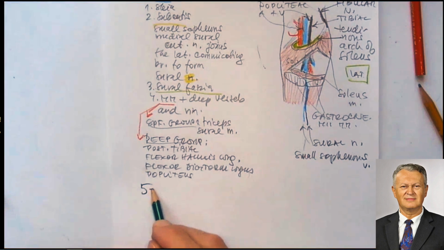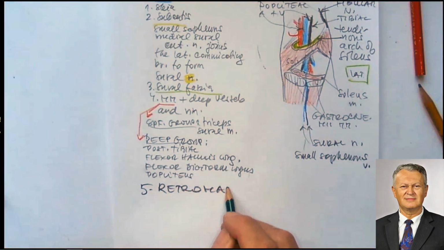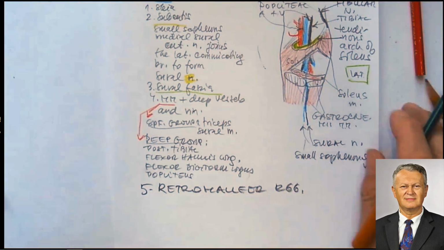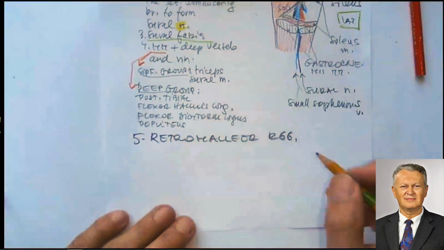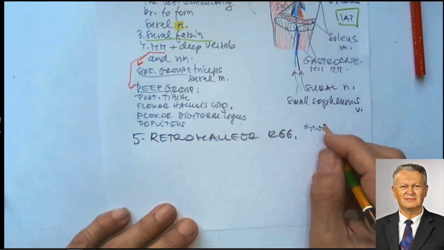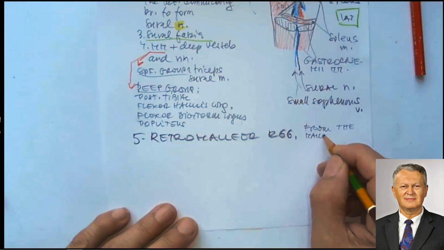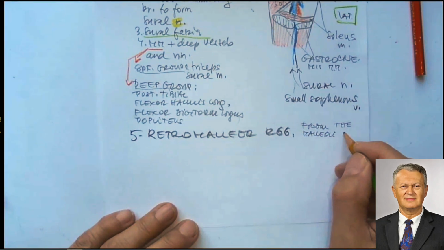So then number 5 are the retromalleolar regions, extending from the ankles to the Achilles tendon. No, from the malleoli. Why not use the international name, malleoli?